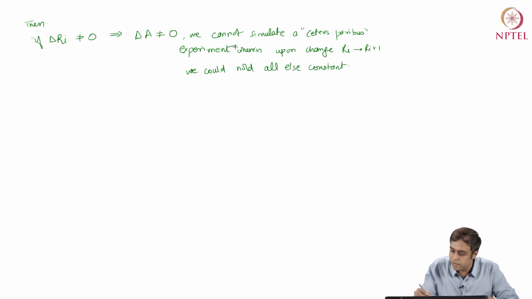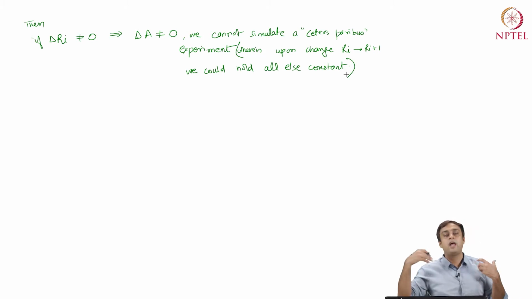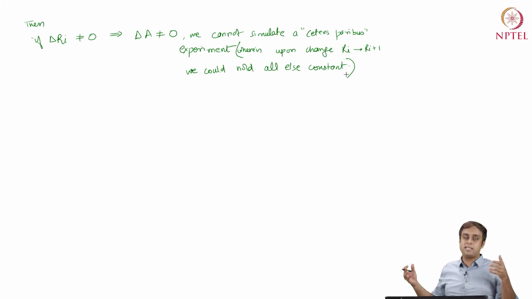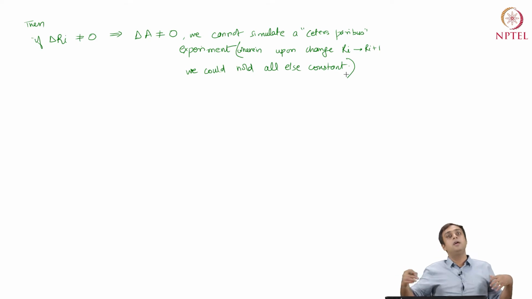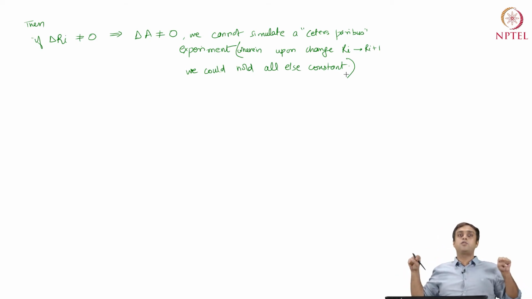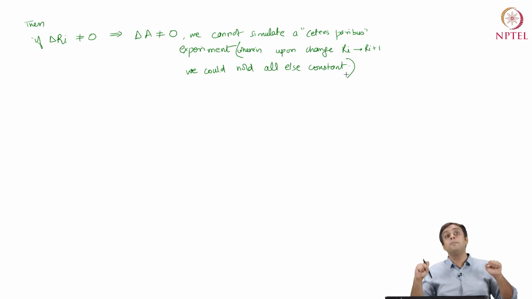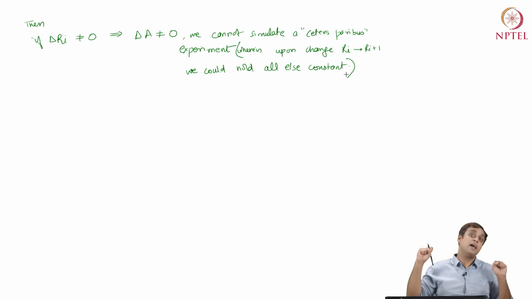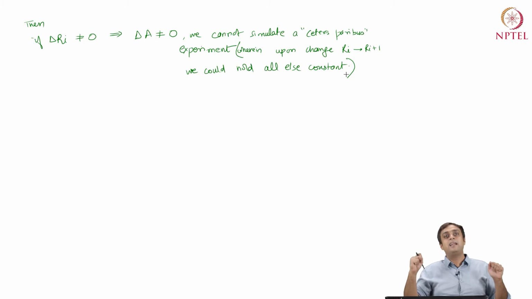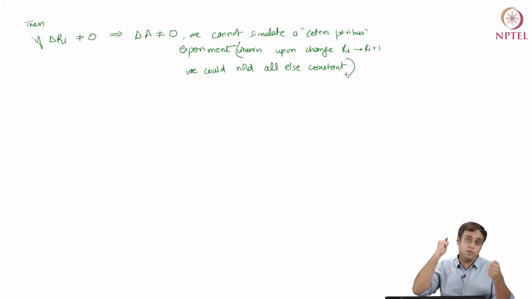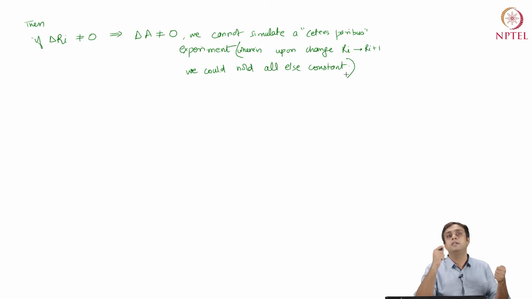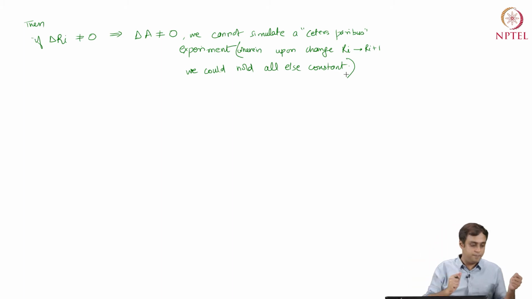So a ceteris paribus experiment is one where if I change a covariate Xi, or in this case Ri, I can hold everything else constant, right? If I am not able to hold everything constant and something moves in the error term, that means expectation of Ui given Ri is non-zero, then that would imply that the impact that I see on Pi upon this marginal change in Ri is not a causal impact, but merely an association between Pi and Ri.